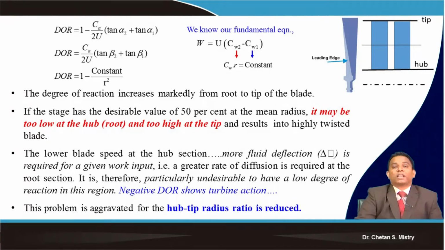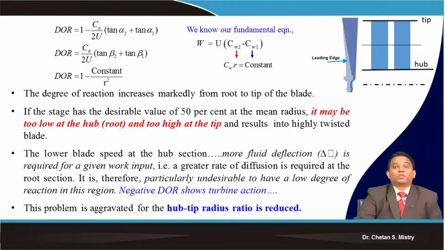But we need to understand why this delta beta is coming to be higher. We must realize that our peripheral speed is a function of radius. So if I consider my peripheral speed to be lower near the hub region, then I need to have great deflection of my flow near the hub region.